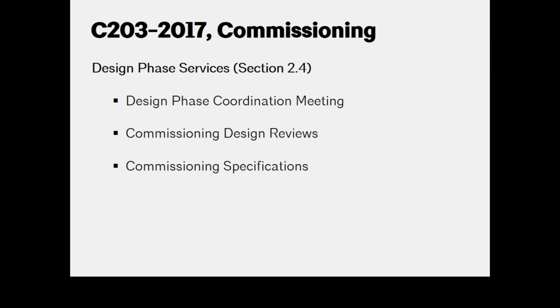During the design phase, the commissioning provider is going to be doing commissioning design reviews, and also providing their own commissioning specifications, which should be coordinated with the architect's specifications. Those will also be included in the owner-contractor documents.